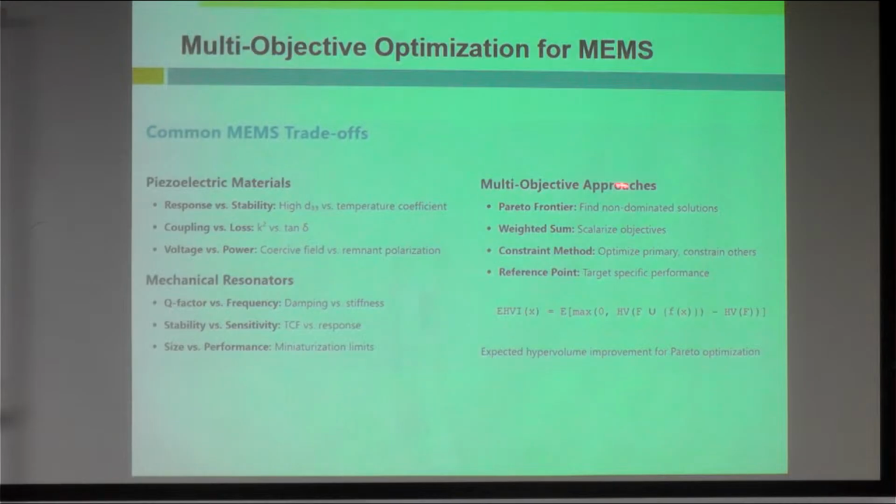So in the multi-objective approach, we try to look into the Pareto frontier, where you find non-dominated solutions. Then you use the weighted sum, where you scalarize the objectives. So that is the process. Then we refer to the previous multi-objective equation, then you can get the multiple properties that are required or intended.